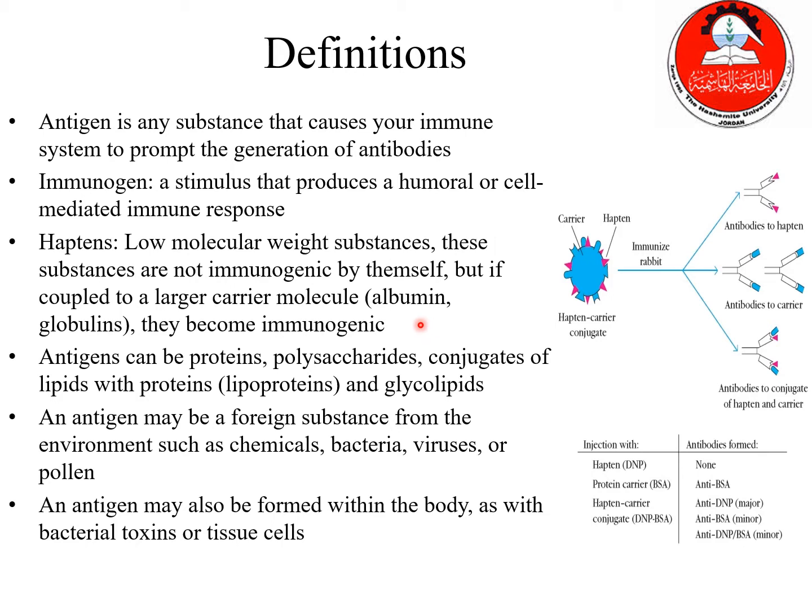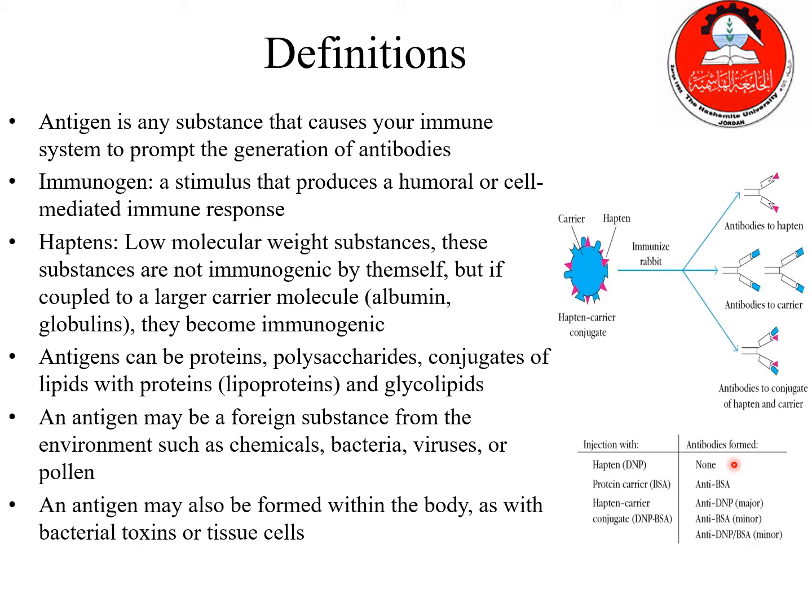And to get a clear picture of that, these pink triangles are the haptens, and here we have the albumin or the globulin carrier. So the hapten by itself does not produce antibodies.